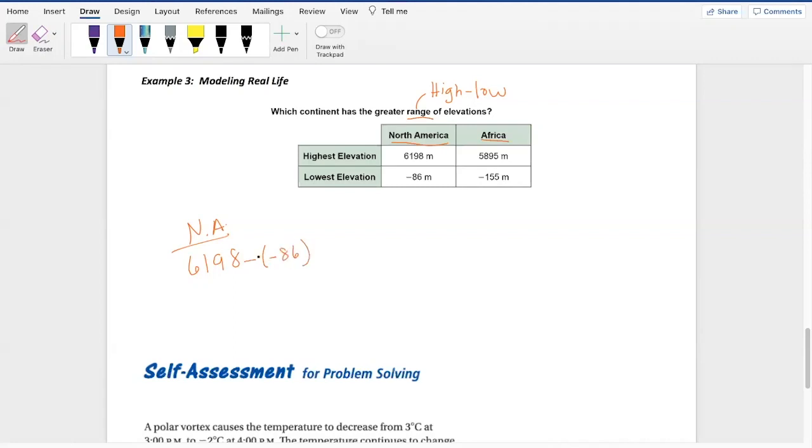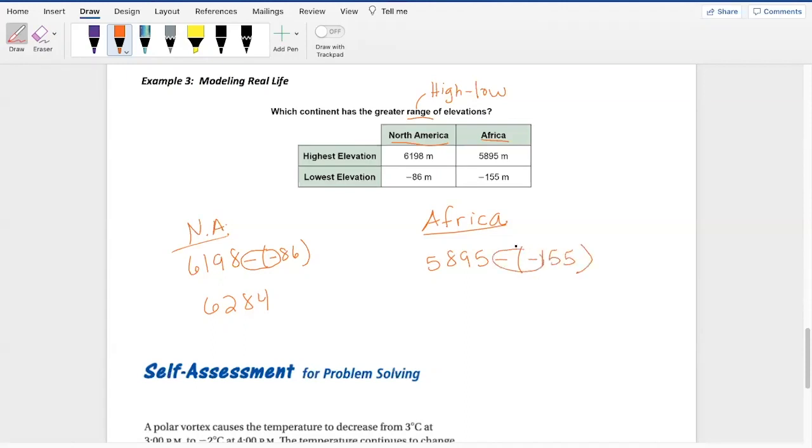Okay, and then again, I see that adding, or that subtracting a negative, is really adding. So the total range in elevation, 6,284. That's for North America. And now for Africa, I would be doing 5,895 minus the negative 155.